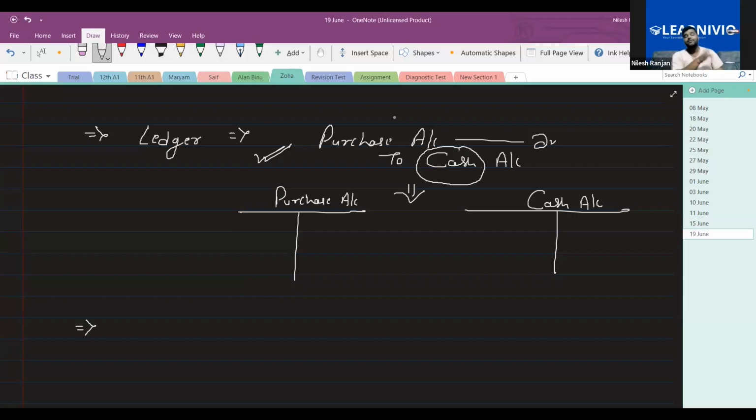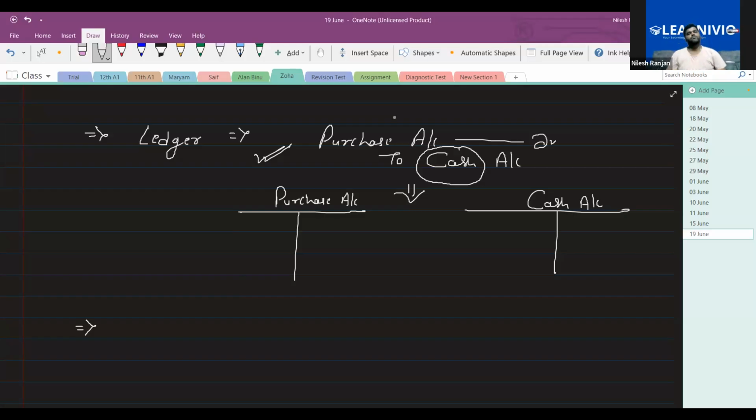Any credit sales return will go to sales return book, any credit purchase return will go to purchase return book, and any transaction that cannot go to any of these categories, like cash book, purchase book, sales book, purchase return, sales return, will go to proper journal.